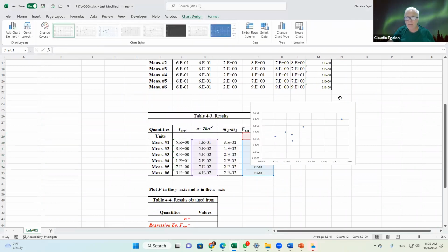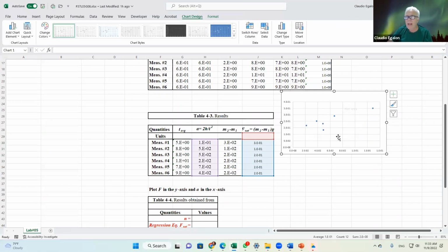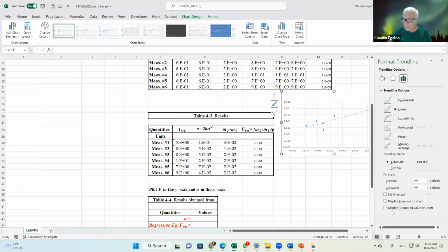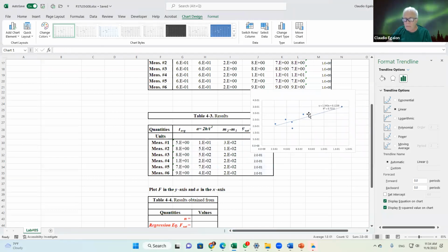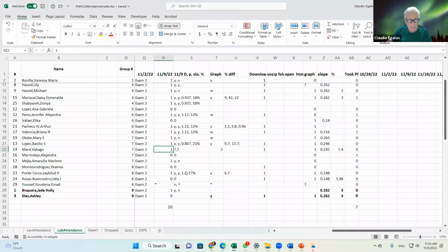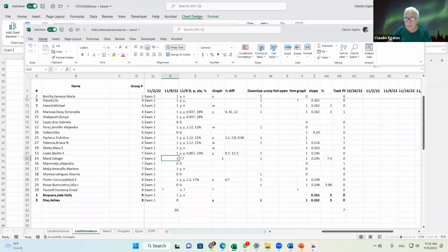Oh yeah, we have all those outliers here. I believe the outliers are those 2. Let me take a look at what we get here. 1.343, right? Yeah, that's what you got, 17%.